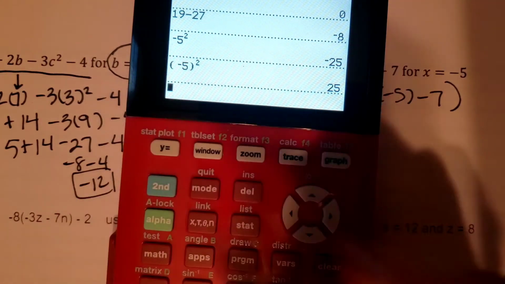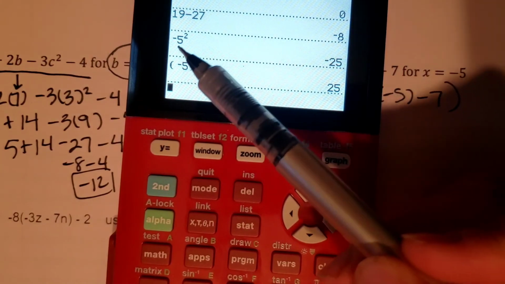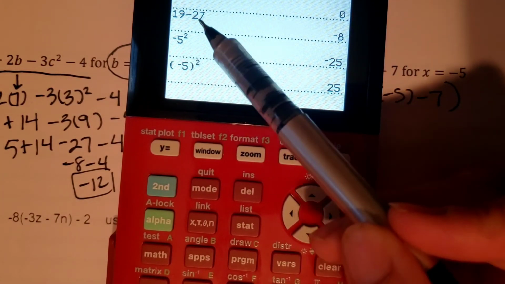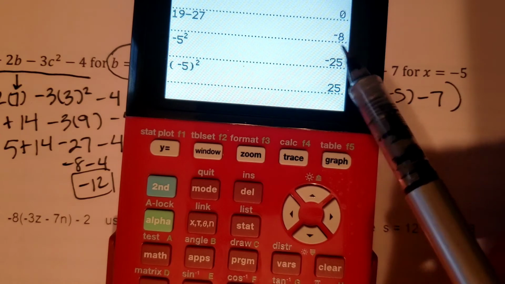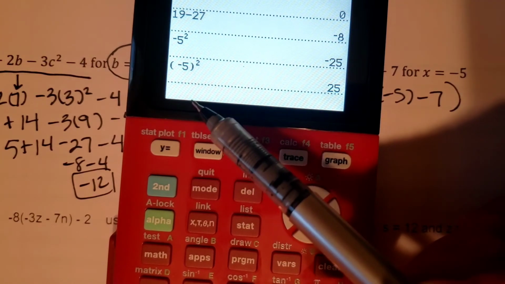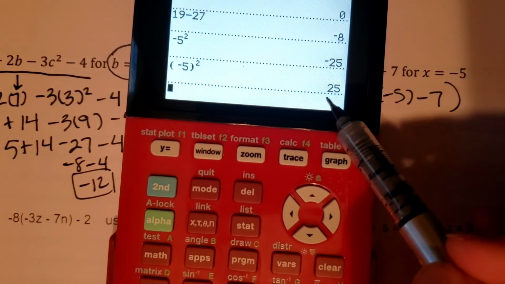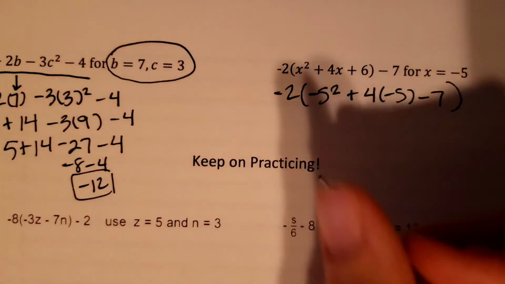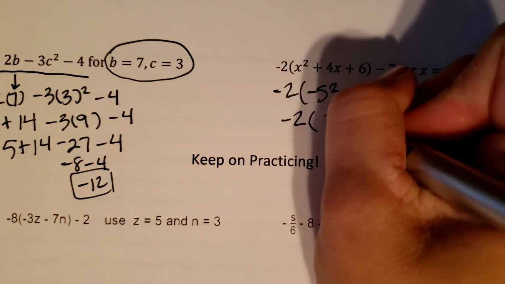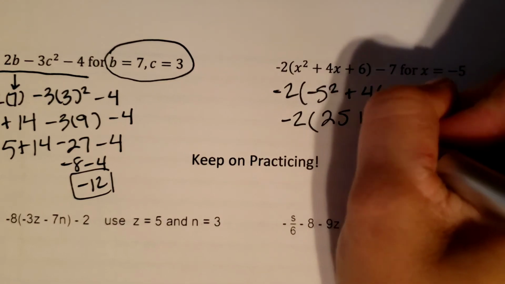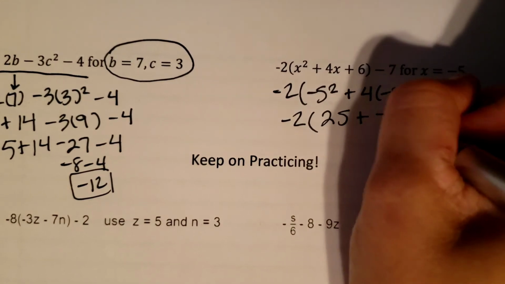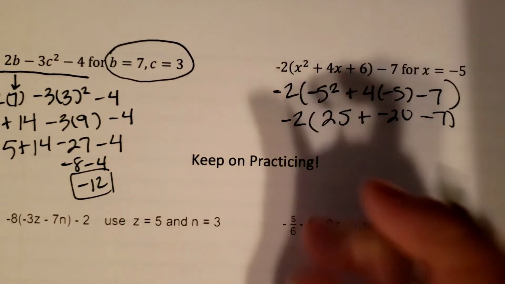So this first rendition here is actually using order of operations, and it's squaring it first and getting 25 and then sticking the negative in front of it. Whereas this is taking the whole -5 and squaring it to get you the accurate answer of positive 25. So be careful on things like that. -5 squared is positive 25, plus 4 times -5 is a -20 minus 7.